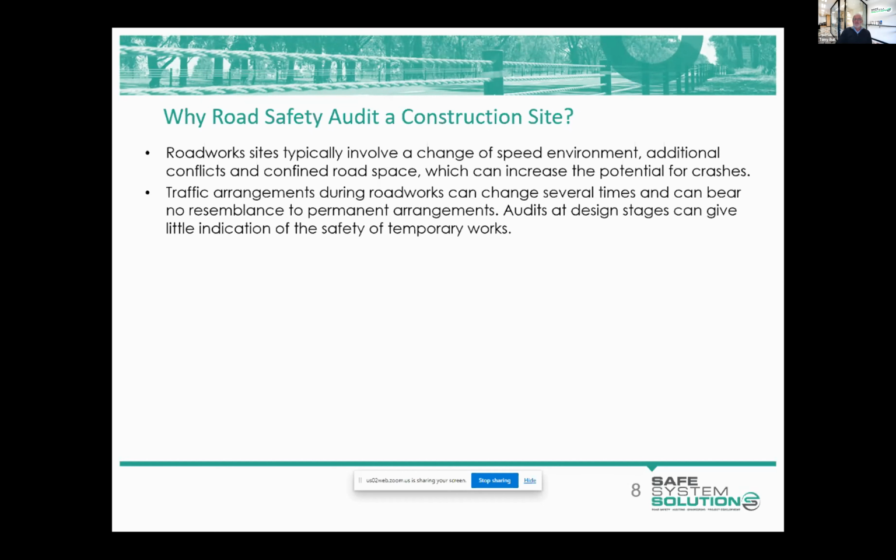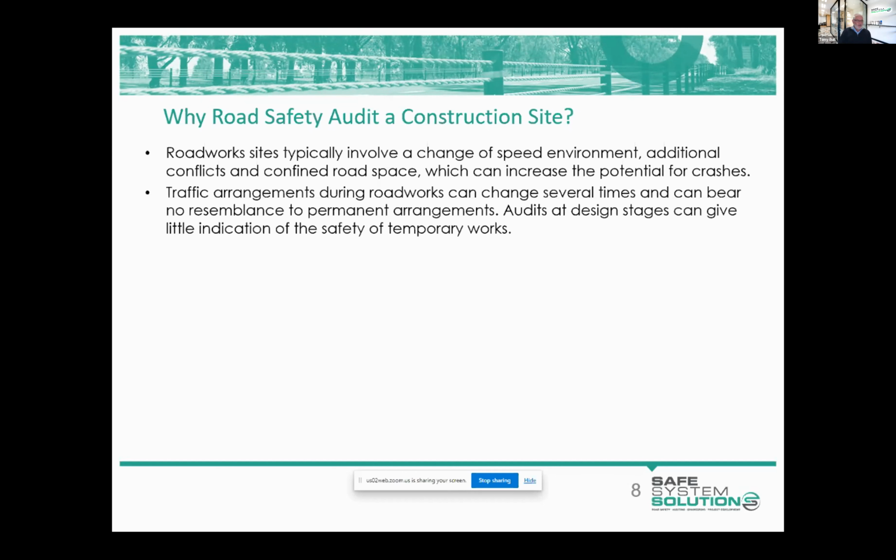So it'll have the risk assessment, as the person said. It'll include the suite of traffic guidance schemes that are required to ensure that whole job is managed from start to finish. It might have one TGS, it could have 20 TGSs for the different stages, for night, outside of working hours, while the workers are on site.